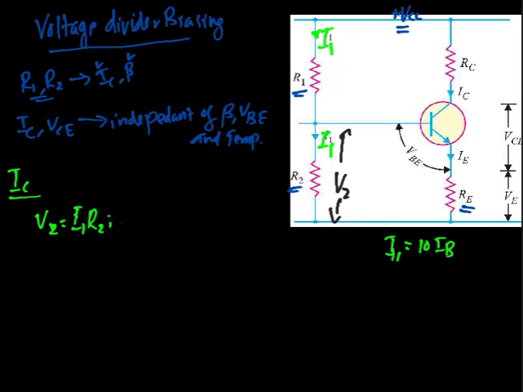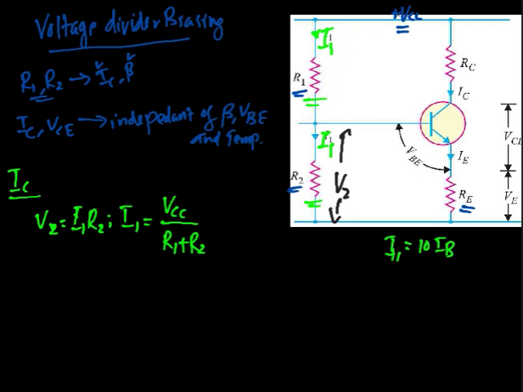For that we have to find I1, and from the circuit we can see that I1 is equal to VCC divided by R1 plus R2. Since almost the same current is flowing through R1 and R2, they are assumed to be in series, so VCC has to drop across R1 and R2.